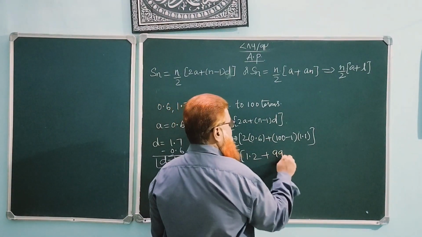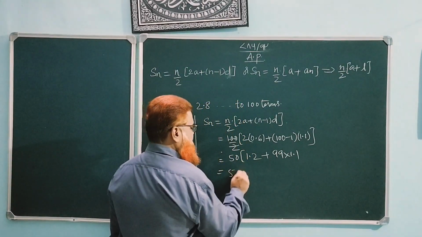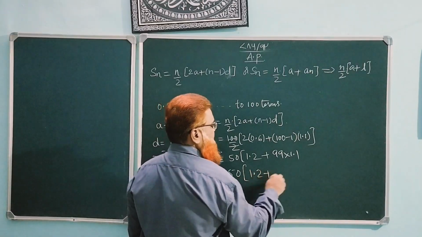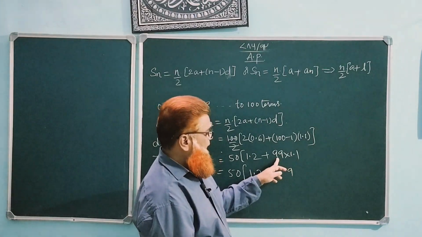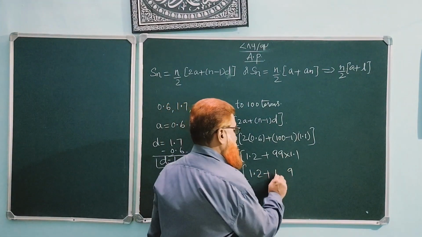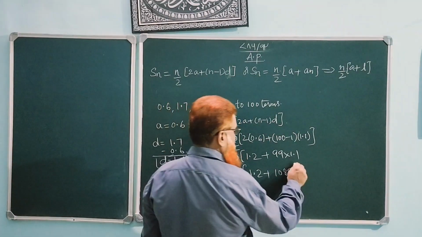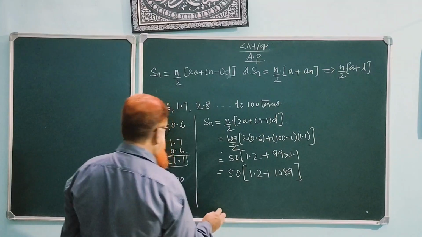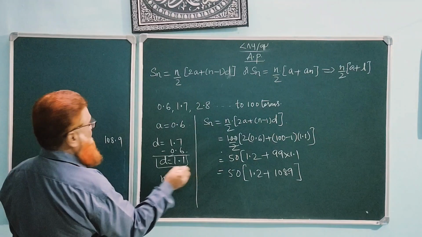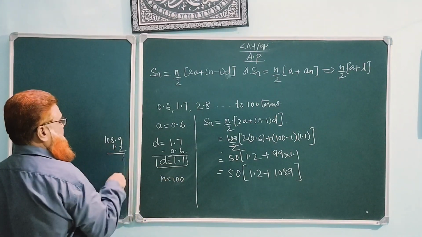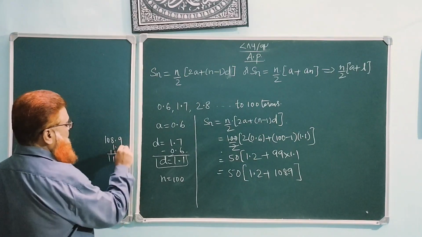Plus 99 into 1.1: 11 nines are 99, and 9 carry, 99 plus 9 is 108, with one decimal it is 108.9. Now add these two: 108.9 plus 1.2 is 110.1.